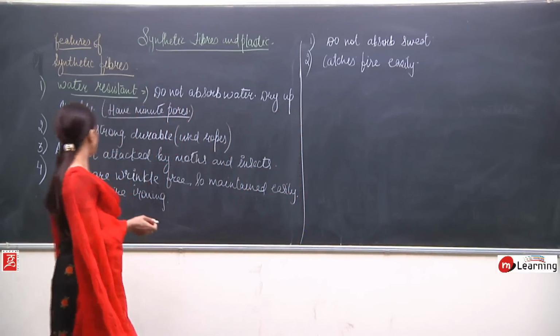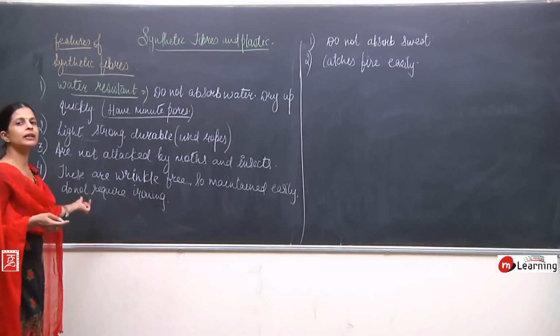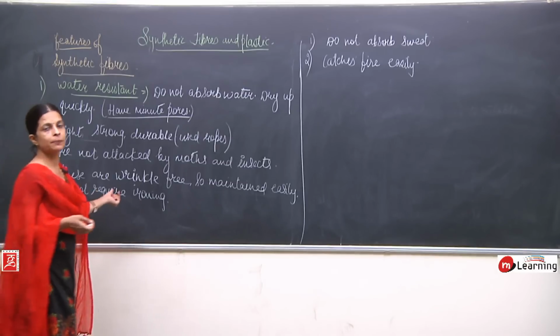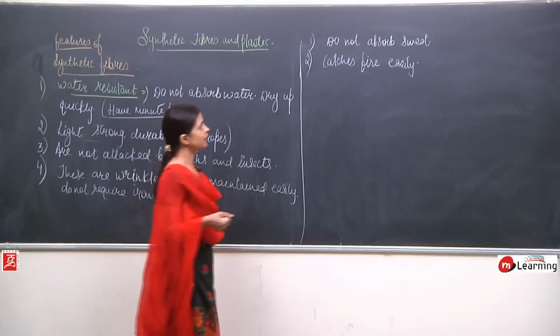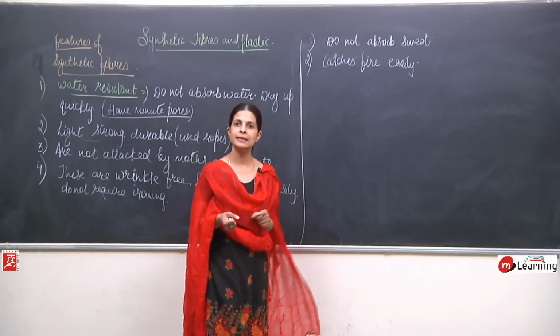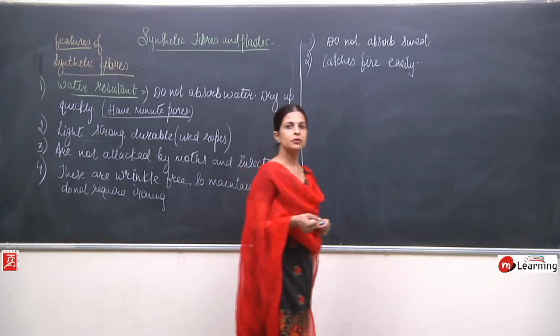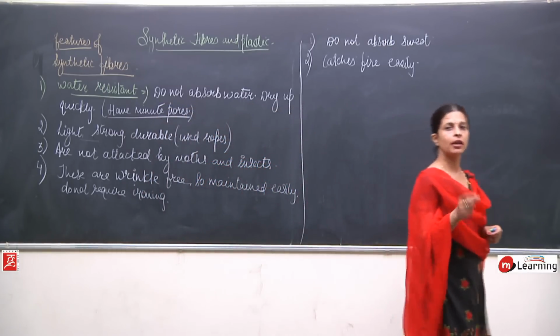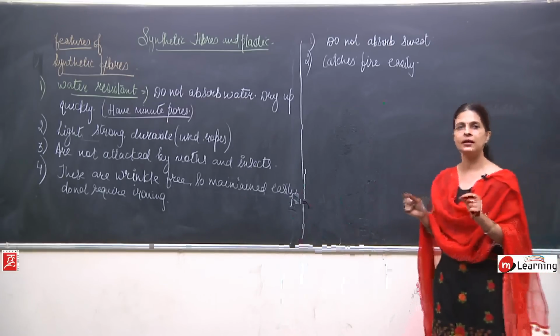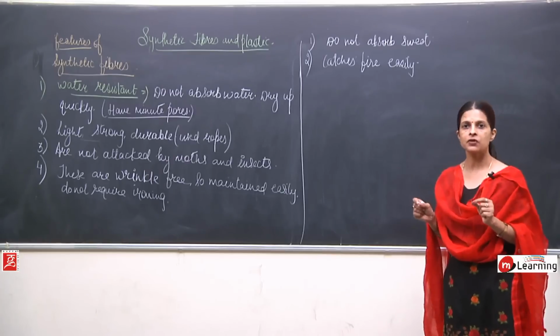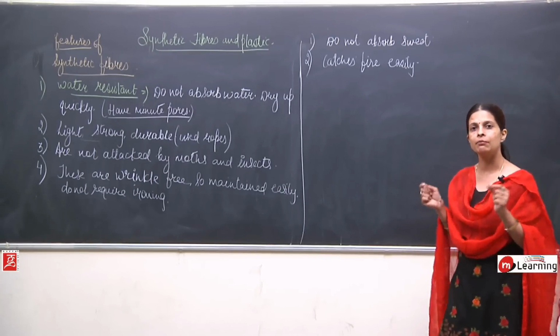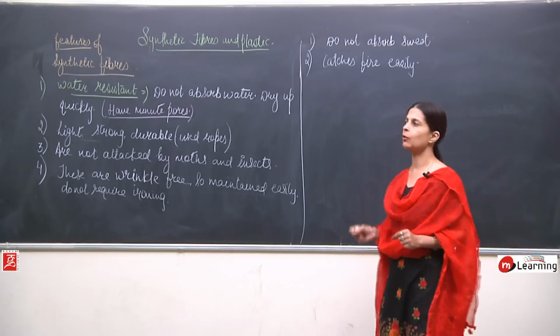The point related to this is that they do not get wrinkles, that means ironing is not required, but at the same time they catch fire very easily, and so they cannot be used. I am not saying this about all the materials, but a few materials catch fire very soon, and they melt and stick to the body.